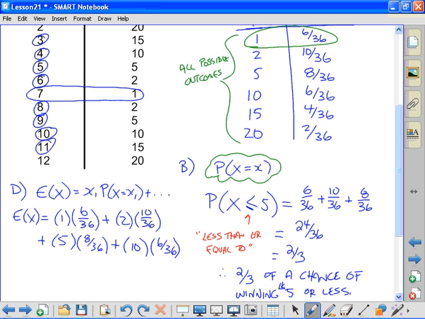So all we're doing is multiplying the x values by their probabilities. Because it's probability, what it will end up doing is telling us over a long period of time what our expected winnings are, up to 20 times 2/36.